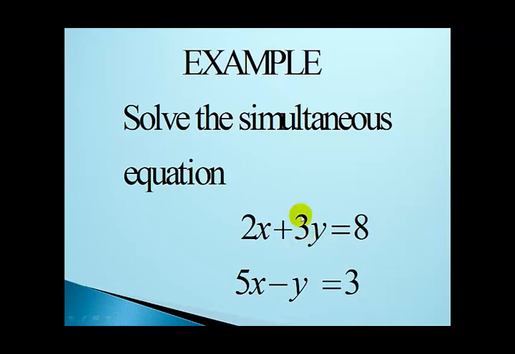This means that when we multiply 2 by the value of x and add it to 3 times the value of y, the result must give us 8. Also, when we multiply 5 by x and subtract y from it, the result is supposed to give us 3. Now we have to find the values of x and y which satisfy these two equations.